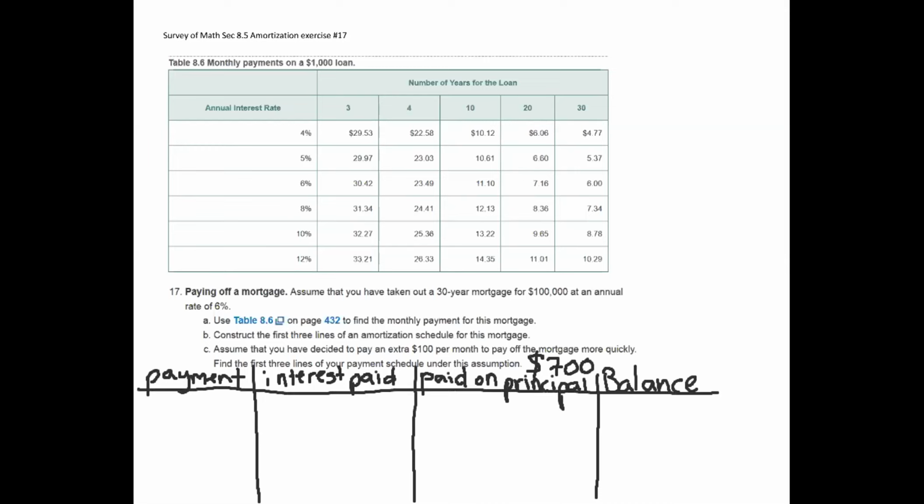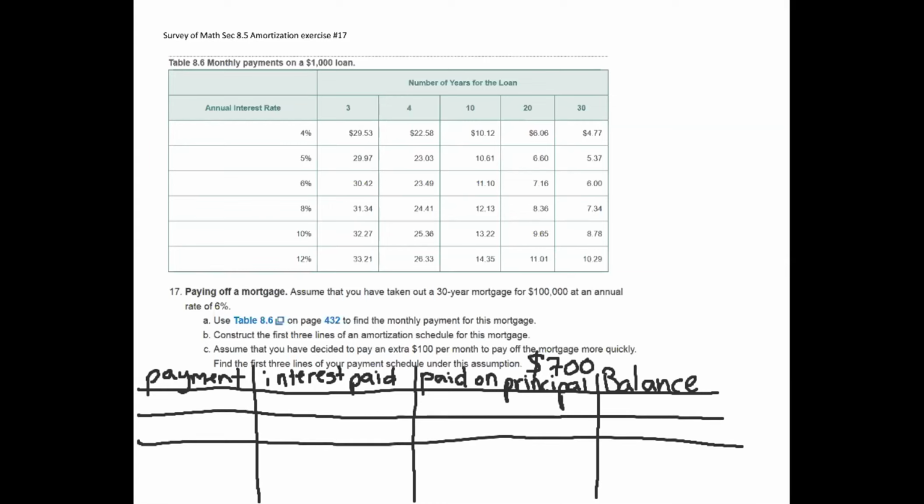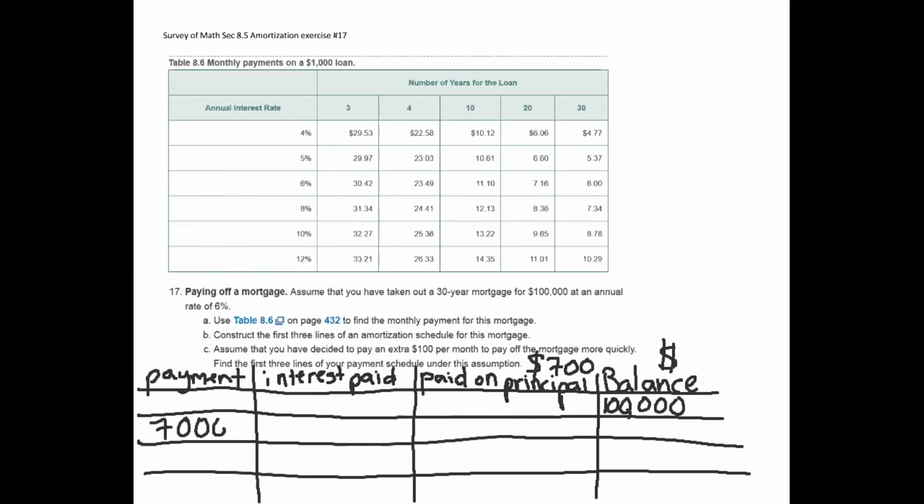And to make the first 3 lines of our schedule, we're going to actually need 4 lines. That way we can put our current balance on the first line, which is, if we're starting over, $100,000. And our payment now is $700 a month.